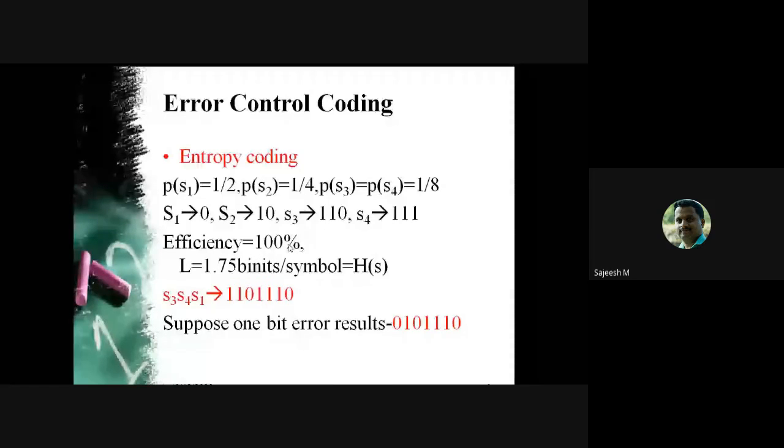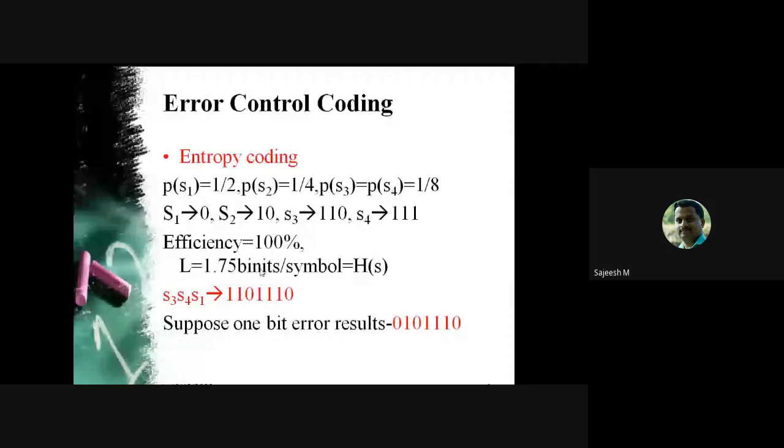The average code length L is 1.75 bits per symbol, which is the same as the entropy of the source. Therefore H(S) by L gives an efficiency of 100%, since average code word length and entropy of the source are the same.